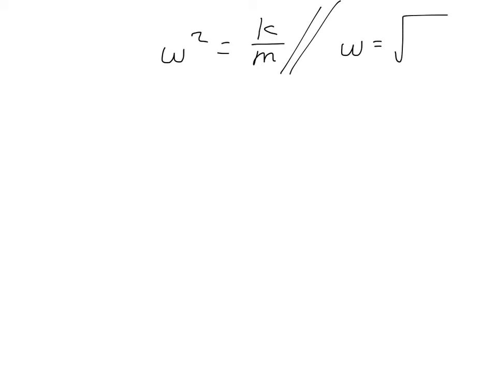But let's ask ourselves a little bit more about this omega value. What is it really supposed to be then? So we said omega squared we set as equal to the spring constant divided by the mass. Or we could put this another way, that omega is equal to the square root of spring constant over mass.